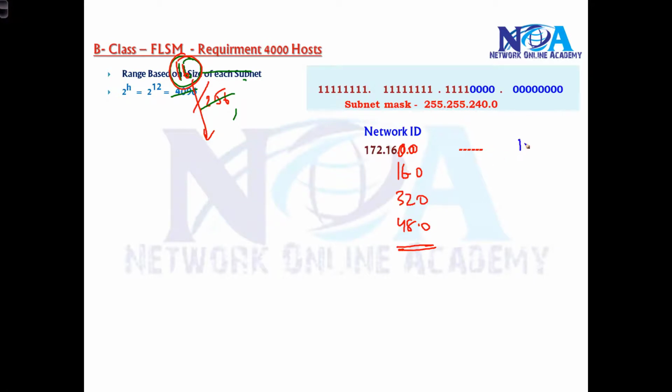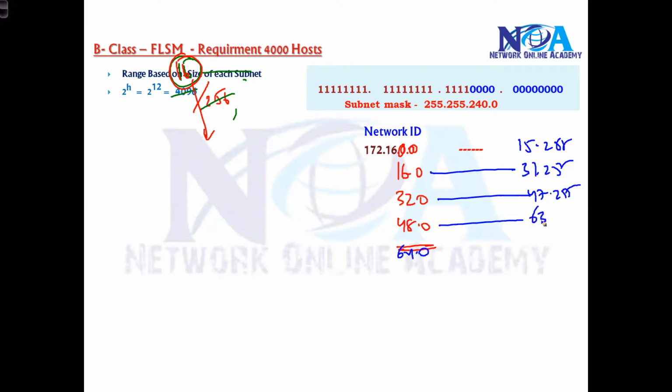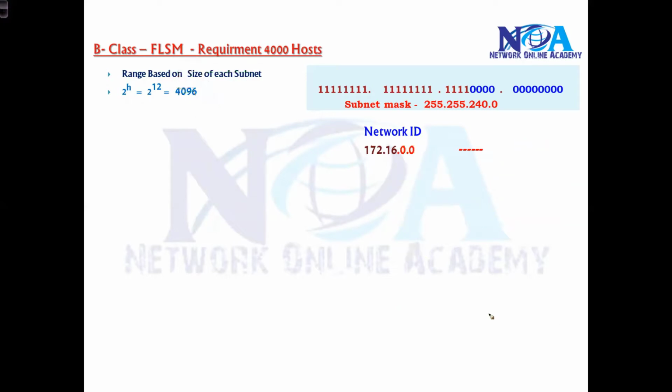So this will end on 15.255, and this will end on 31.255, and this is going to end on 47.255, and here you get 64, so this is going to end on 63.255. You just need to go on writing like that. You need to write 16 subnets, and the last range will be 240.0 to 255.255. So this will be the range.